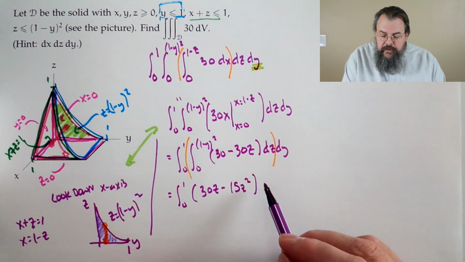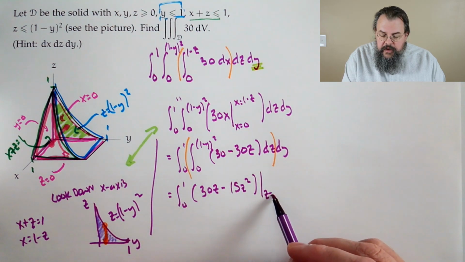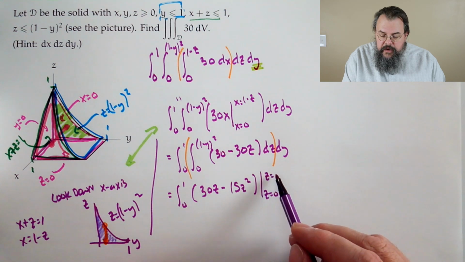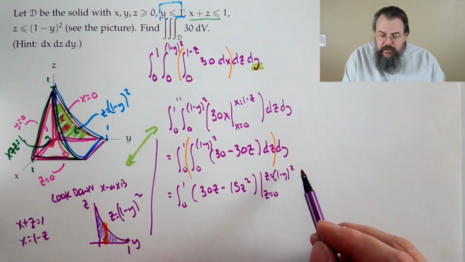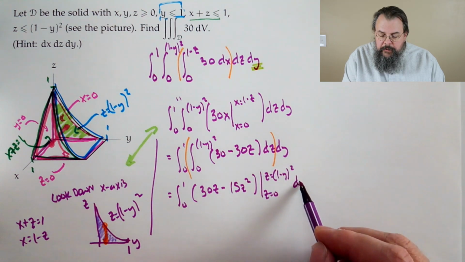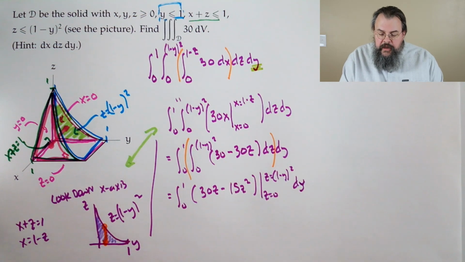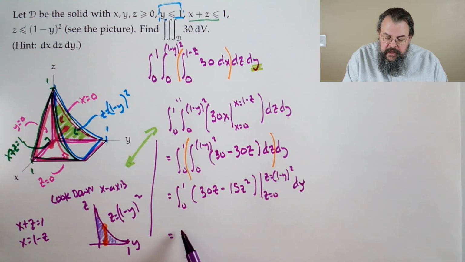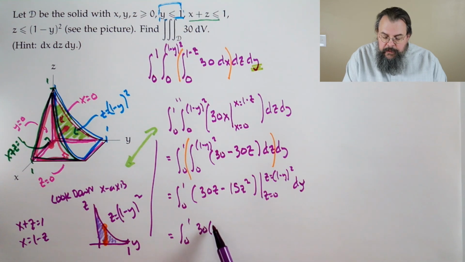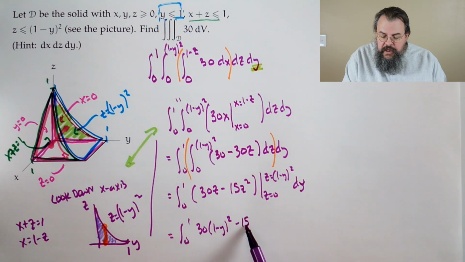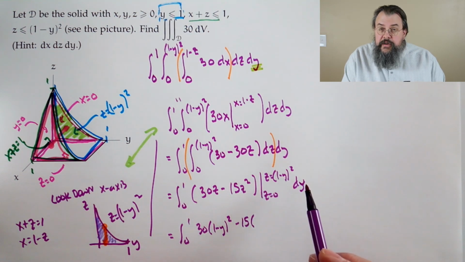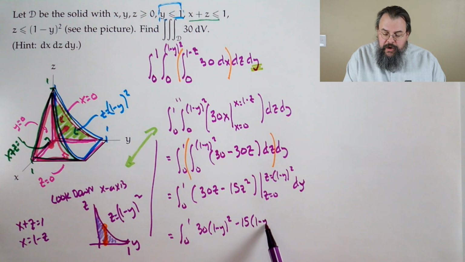And we're going to evaluate from z equals 0 to z equals 1 minus y squared, dy. That's the integral from 0 to 1 of 30 times 1 minus y squared, minus 15 times 1 minus y squared, squared. That's 1 minus y to the 4th.